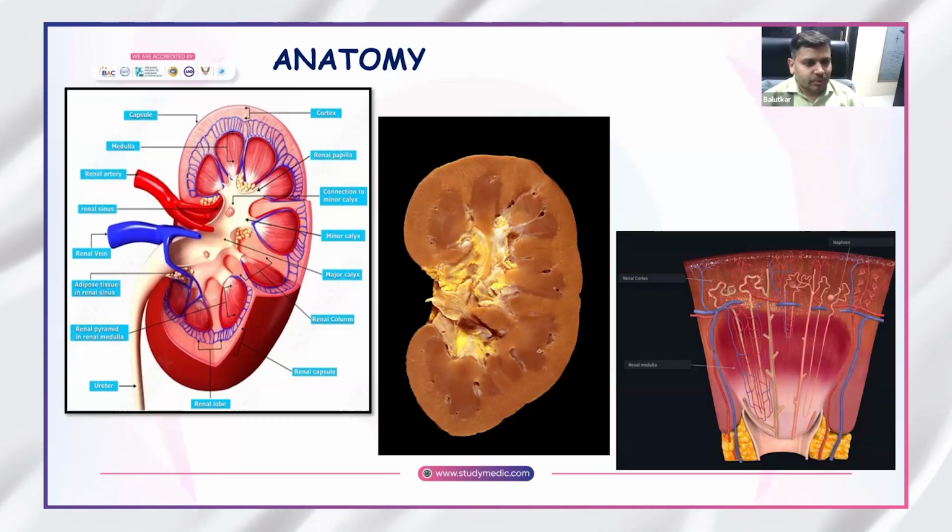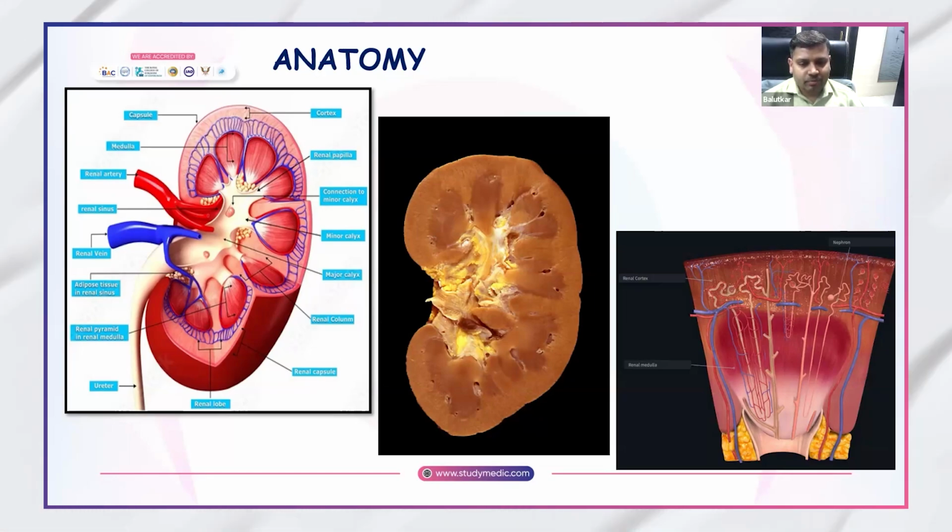If you talk about the microscopic appearance of the kidney, we know that the nephrons are the functional unit of the kidney, and the Bowman's capsule or Malpighian corpuscles are predominantly situated within the renal cortex. So the renal cortex is filled with the Bowman's capsule, the proximal convoluted tubule, and the distal convoluted tubule. The loop of Henle is predominantly located within the renal medullary pyramid.